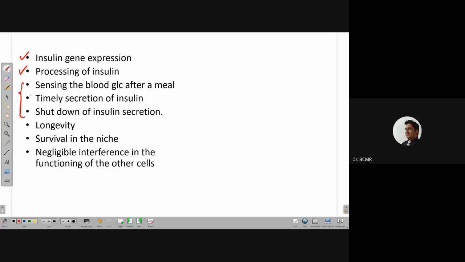Okay. Then we want it for a long time. The cells that we put in should be available for a longer time. They should not die in a short time. That's what these two would mean. And there should be absolute incorporation of the introduced cells with the rest of the immediate tissues and the body in general.